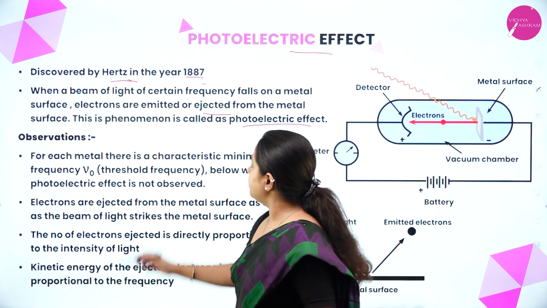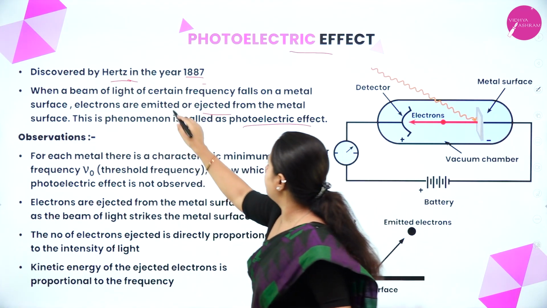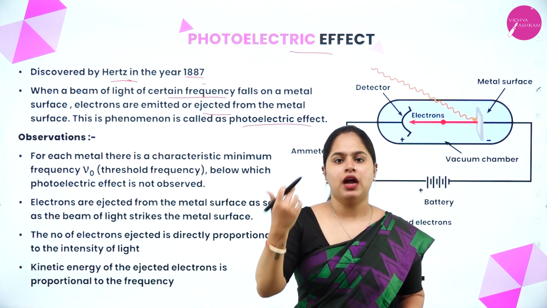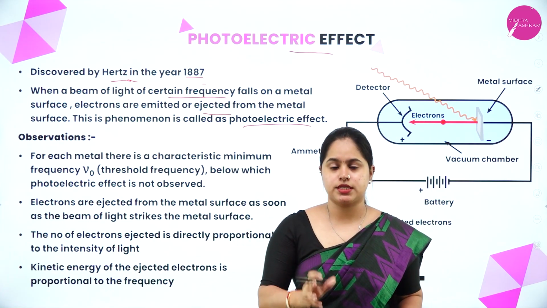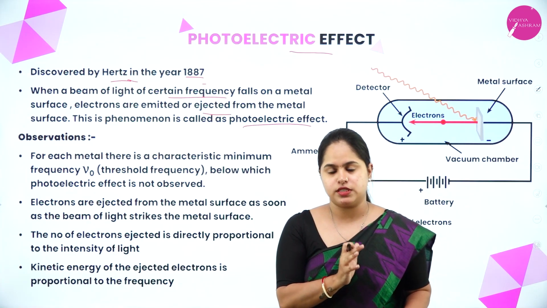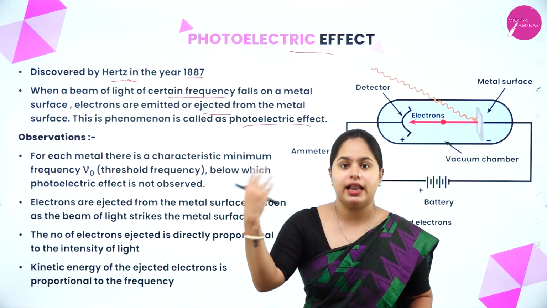So, when a beam of light of a certain frequency, what is the importance of this certain frequency? I'll tell you. When a beam of light of a particular frequency falls on a metal surface, immediately the metal will start ejecting electrons.